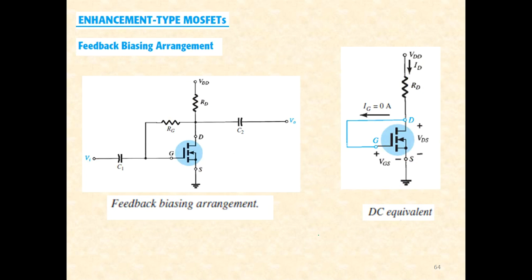Fine. Then very quickly moving towards enhancement type MOSFETs. In the enhancement type MOSFETs, you will be studying two types of configurations. One is using a feedback mechanism, and the second one is the same voltage divider bias configuration. These two are there in your syllabus.